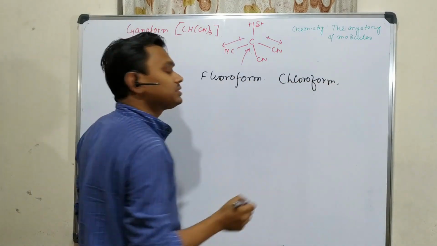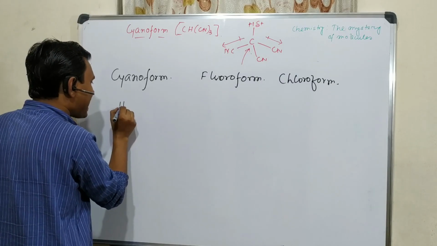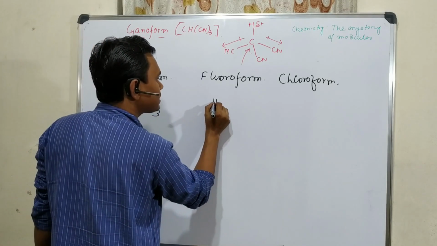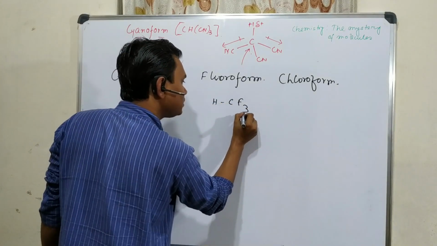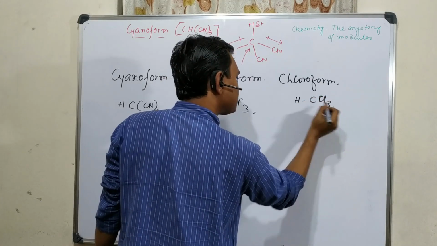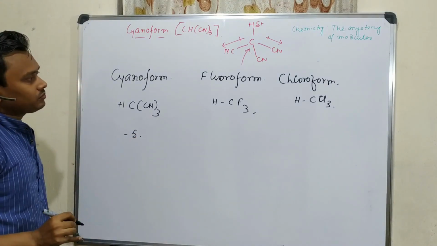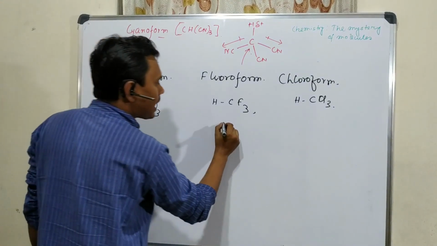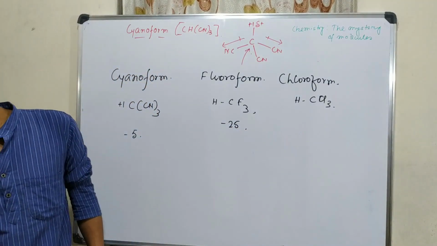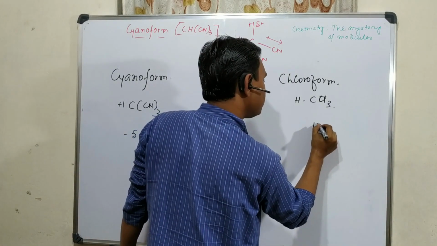So these three: cyanoform. If we check the acidity, this versus HCF3, HCCl3, its pKa around -5, its pKa around -25, and chloroform's pKa is around 15.7.